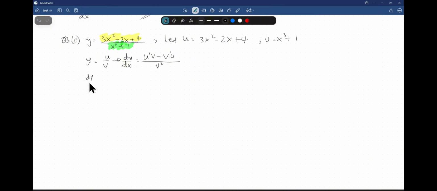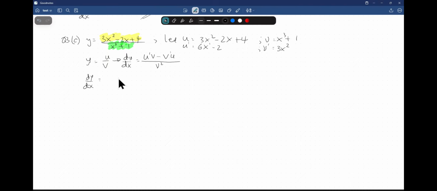So substitute everything. Because both u and v are in x, we can take the derivative with respect to x. U prime will be 6x to the power of 1 minus 2, whereas our v prime will be simply 3x squared plus 0.